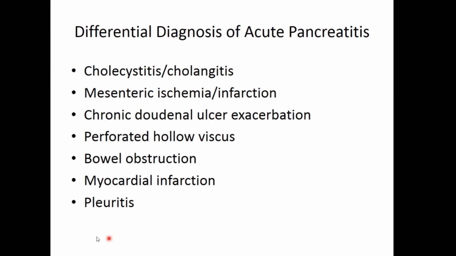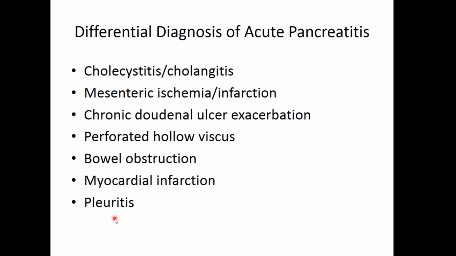Myocardial infarction I have talked about, pleuritis, and of course pneumonia itself. These things can be close differential diagnoses for this. Like I mentioned in the earlier slides, acute pancreatitis can mimic most of the acute abdominals, but these are the common conditions which need to be ruled out.